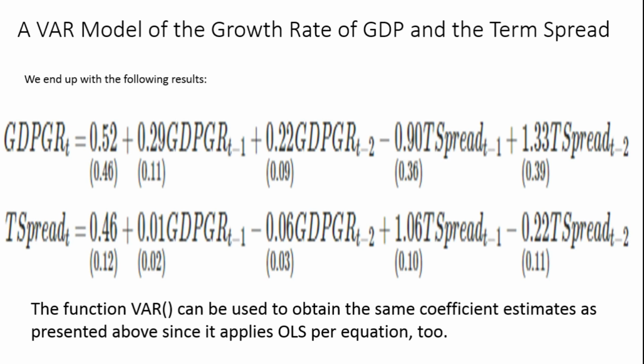The VAR function can be used to obtain the same coefficient estimates as presented above, since it applies ordinary least squares per equation. So these equations can be used in order to make forecasts as well as simulations.